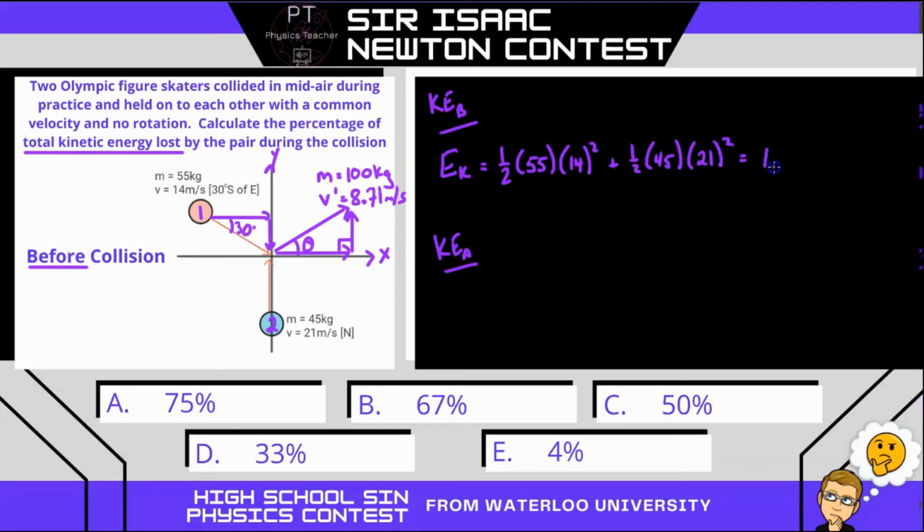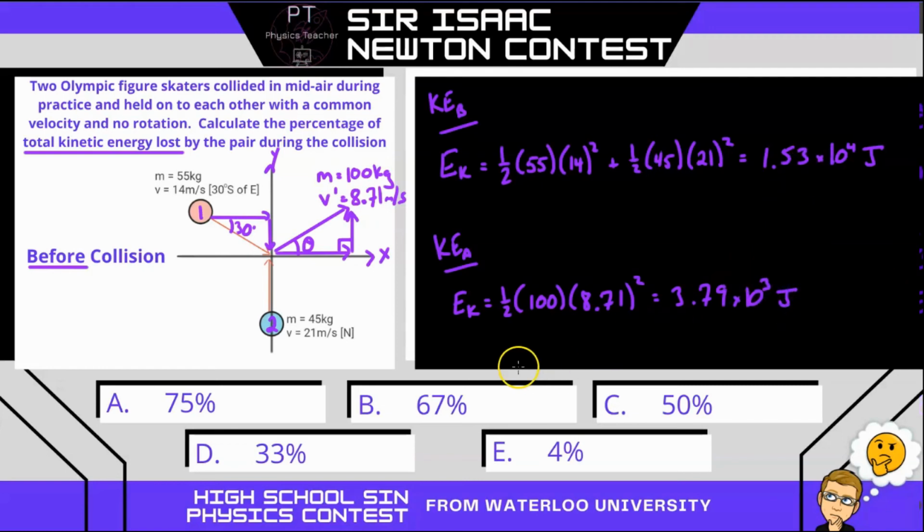That gives us a total of 1.53 times 10 to the 4 joules. Now we can calculate the kinetic energy after the collision. That's 1/2 times their combined mass, 100, times their velocity together, 8.71 meters per second squared. That gives us a kinetic energy of 3.79 times 10 to the 3 joules.